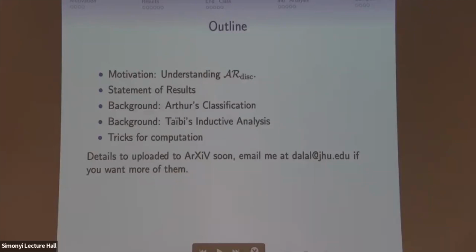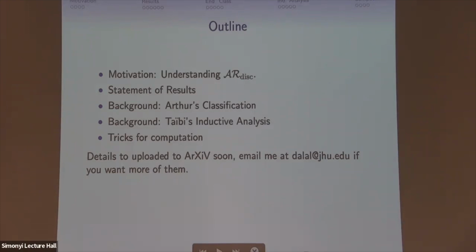It won't be a full explanation of how it works, just the bare minimum necessary for understanding the next part. The next part will be a particular inductive analysis using Arthur's classification that lets us solve the problem. And then if there's time at the very end, I'll discuss some tricks that are useful for the very specific computation that happens here.